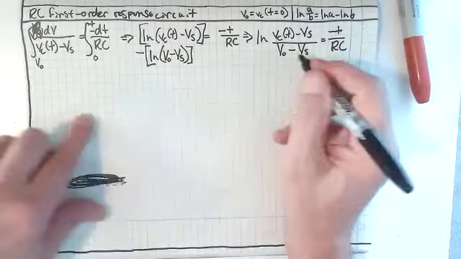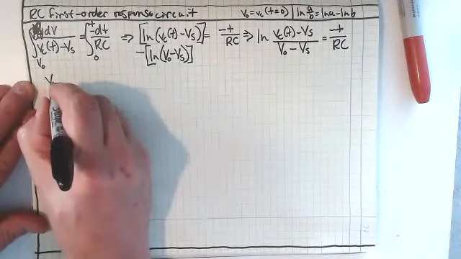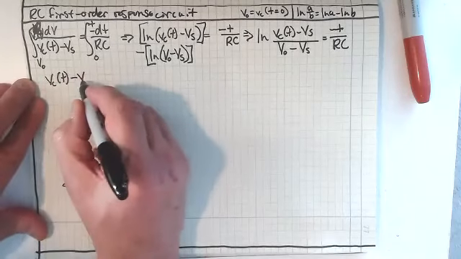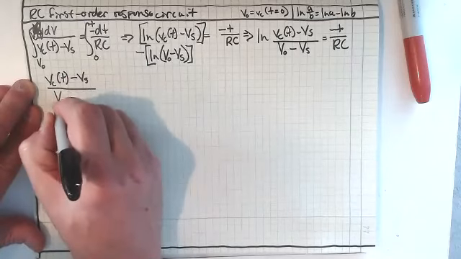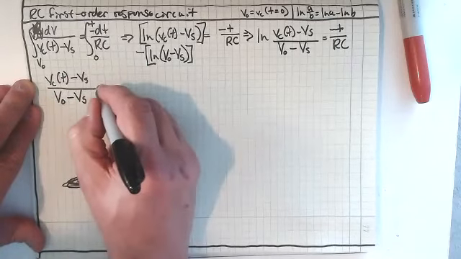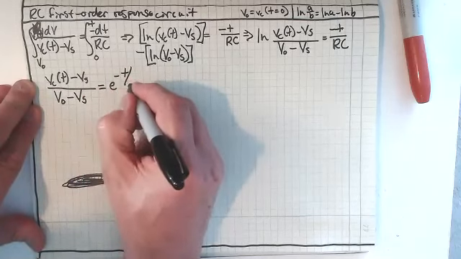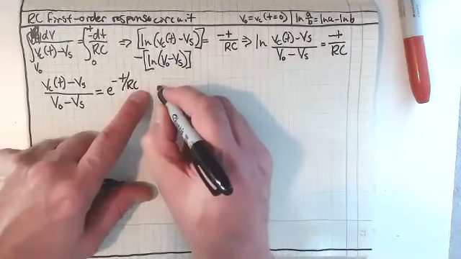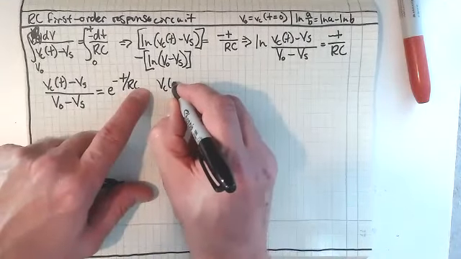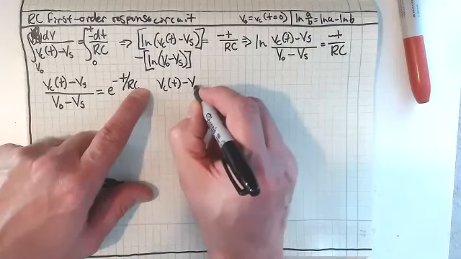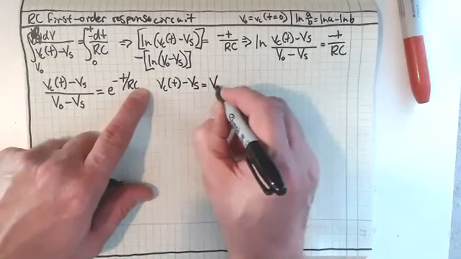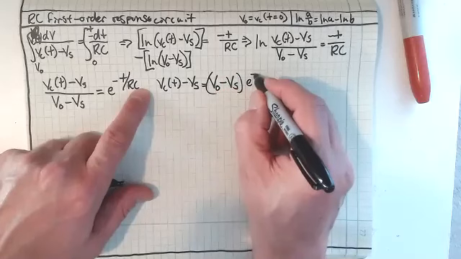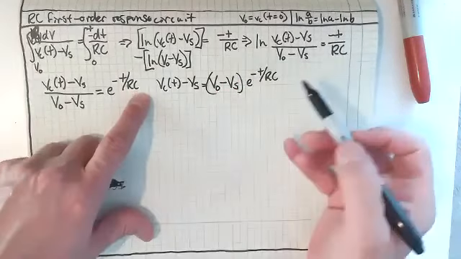Now exponentiating both sides, I get V_C of t minus V_S divided by V_0 minus V_S equals e to the minus t over RC, right? Does everybody see that? So V_C of t minus V_S equals V_0 minus V_S times e to the minus t over RC.